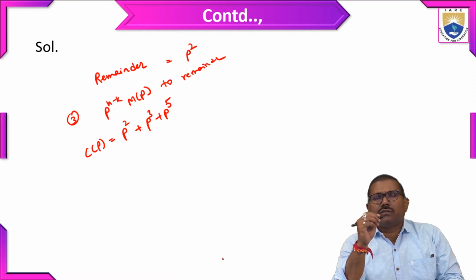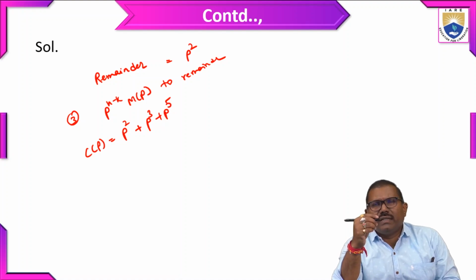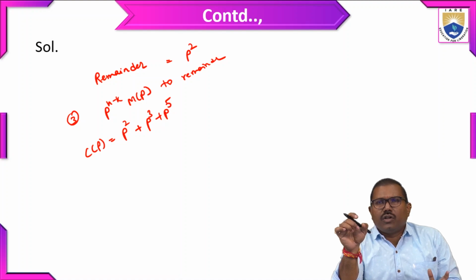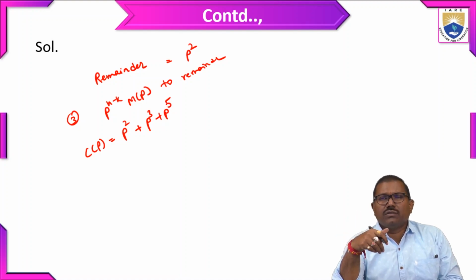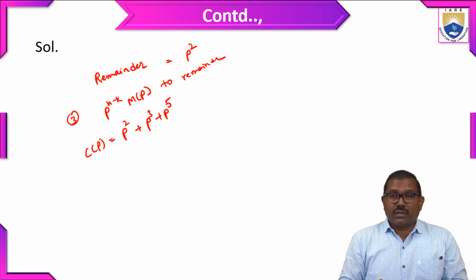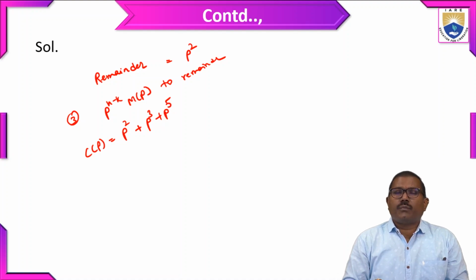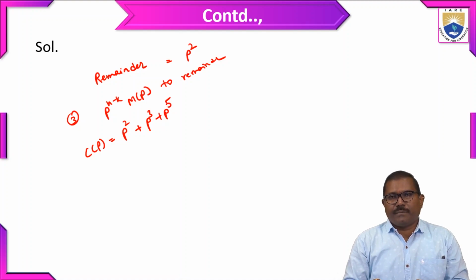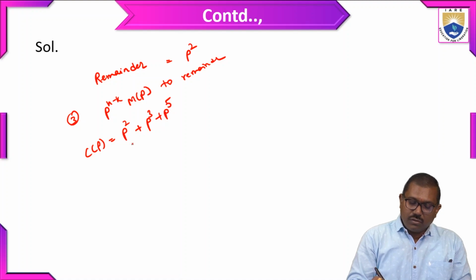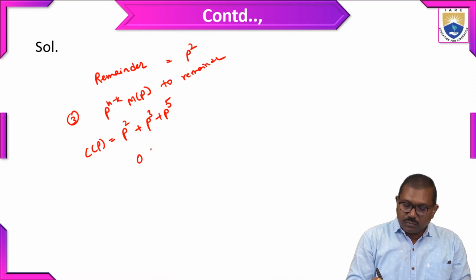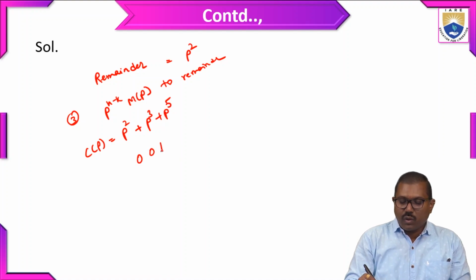So now we have a doubt. In non-systematic codes, you said there is no way to identify the message polynomial or message vector. But here you can observe this one. Now you write this polynomial in vector form. Okay, so one term is missing, the p term is missing. We have p square, p cube; p4 term is there?